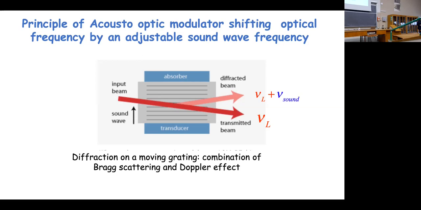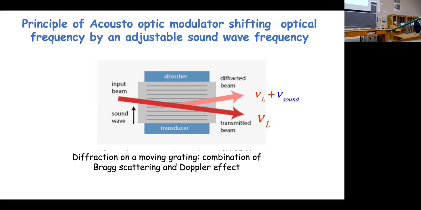It's a source of sound wave which propagates along this medium, and these sound waves make successive planes on which the light is scattered, and you get a kind of Bragg scattering. There is an angle for which you have a positive interference, and this light is scattered on a grating which is moving, of course, because it moves like a sound wave.